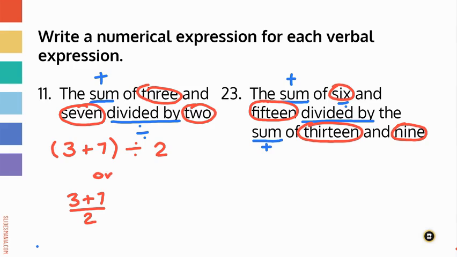So on the top of the fraction, I have the sum of 6 and 15. So that would be 6 plus 15. And then on the bottom of the fraction, which you remember the fraction means division, I have the sum of 13 and 9. So that means I'm going to do 13 plus 9.